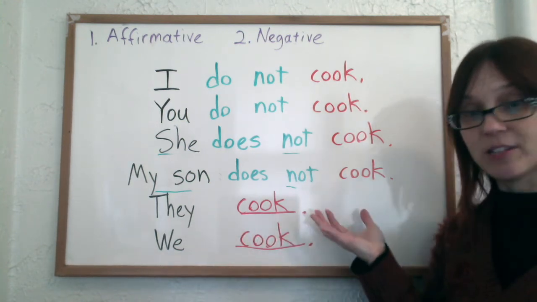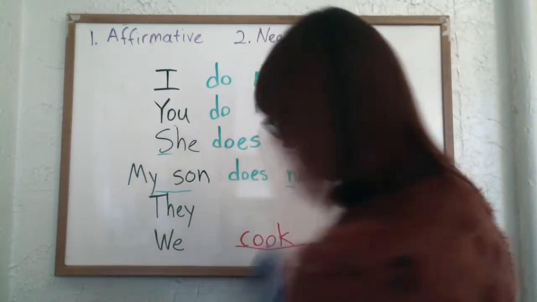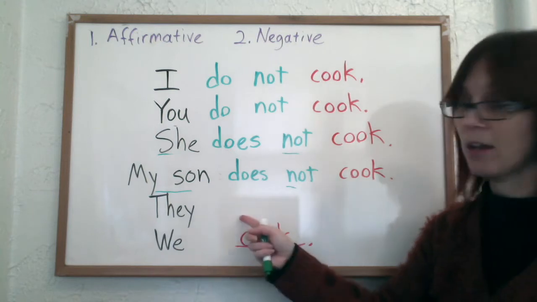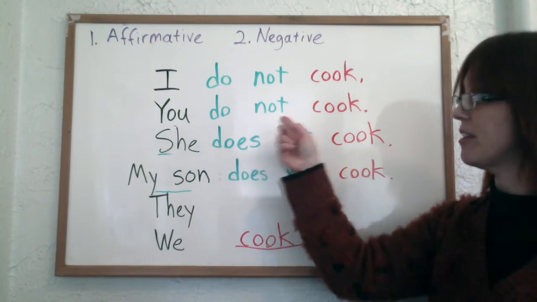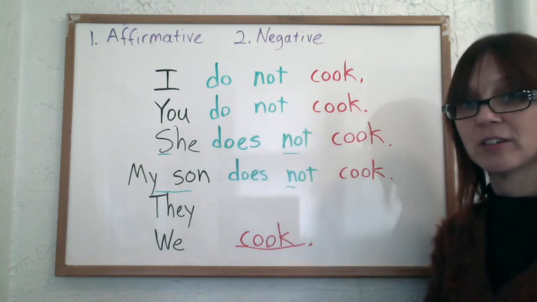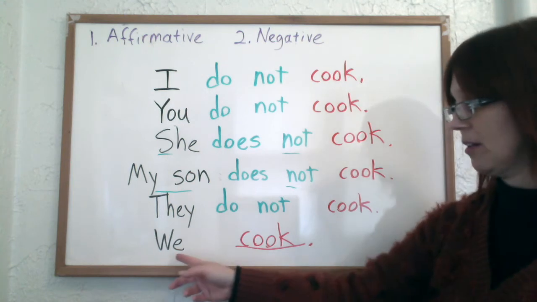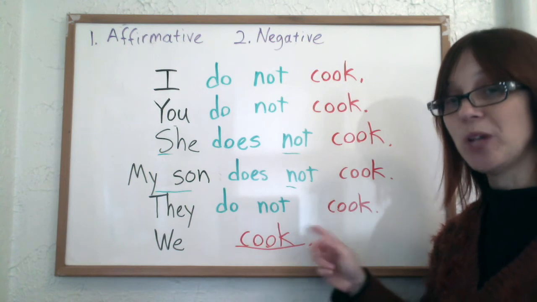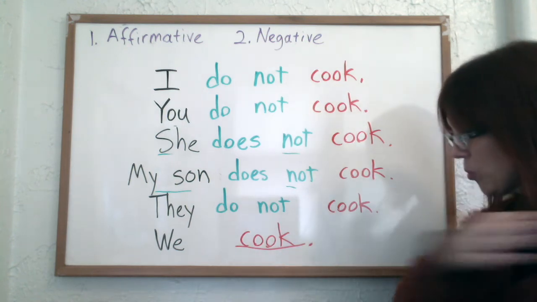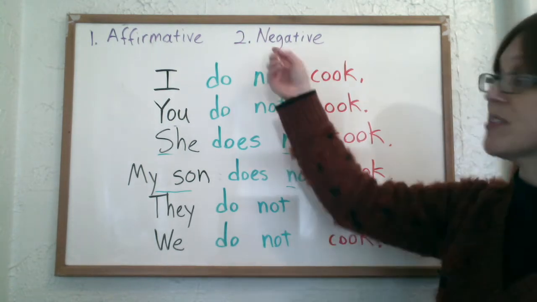How do I make it negative? What do you think? They do not cook. Same as these. They do not cook. And this one? We do not cook. So this is negative.